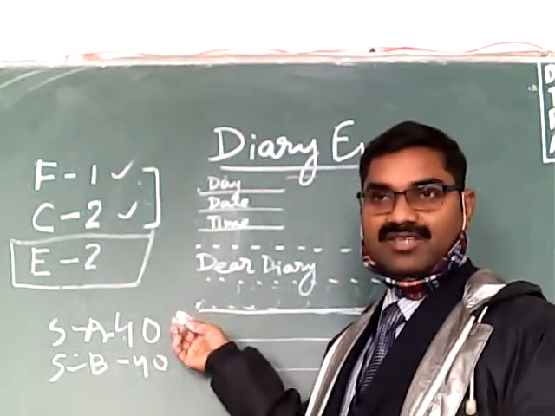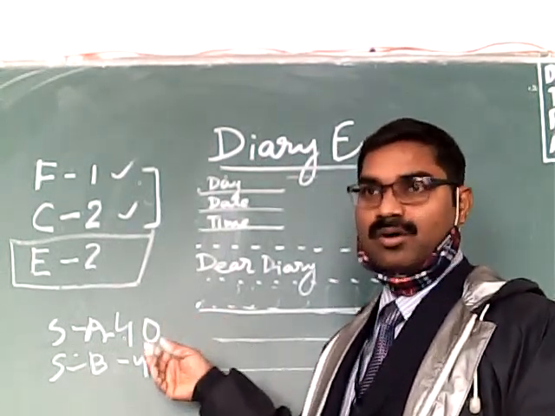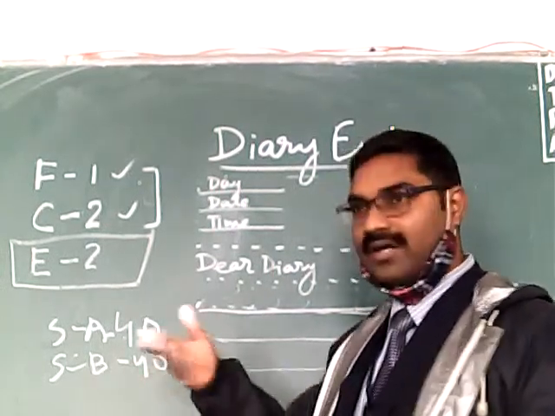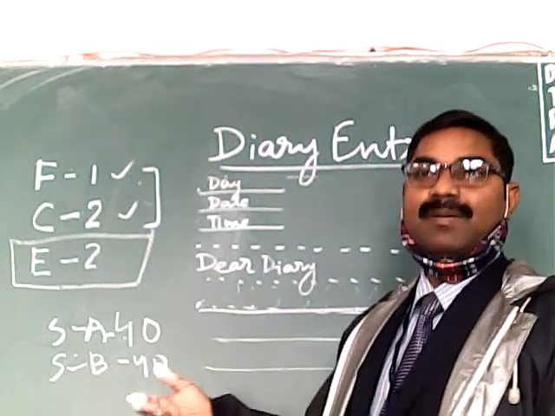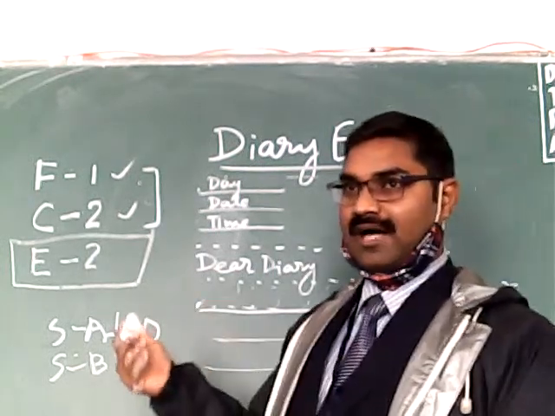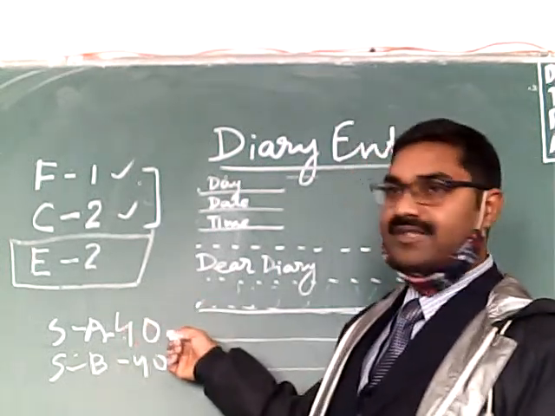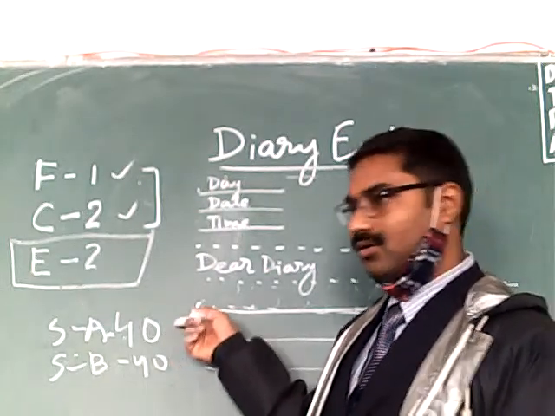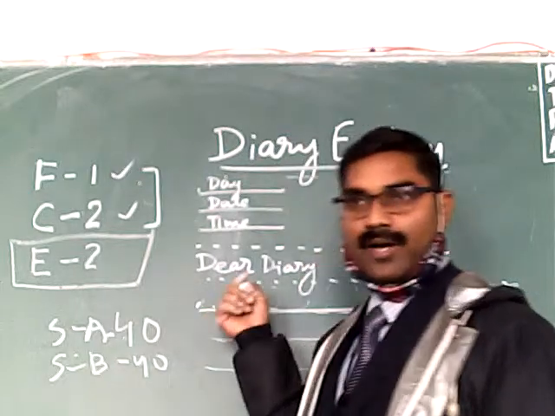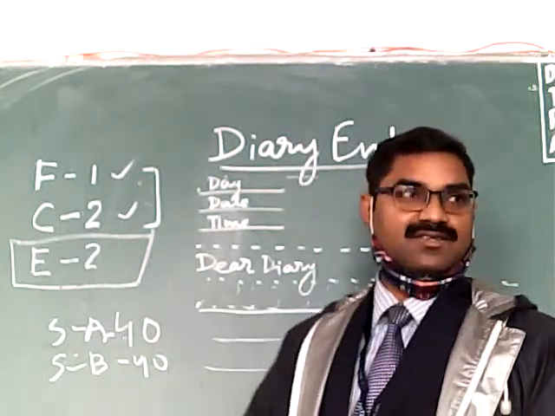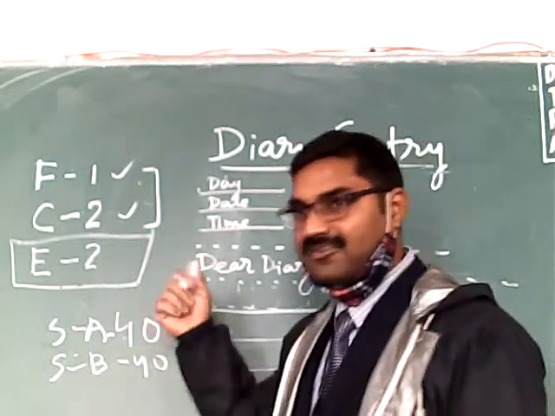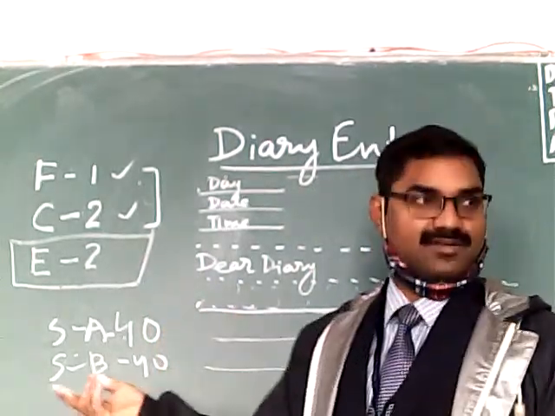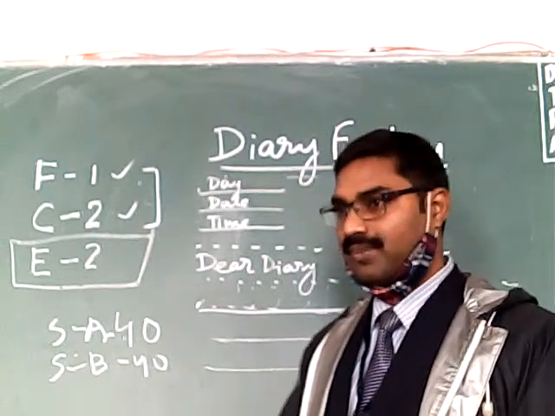I will also supply some unseen passages through the school online application, where you can download them and solve at home. Next will be literature. There will be questions like who is the writer, who has written this poem, who is I in the lines, where this paragraph is taken from, who was Tommy, who was reading the book. The questions will be very simple like that.